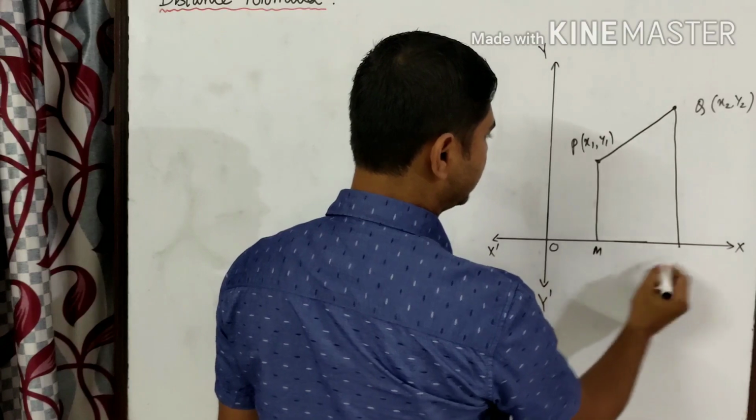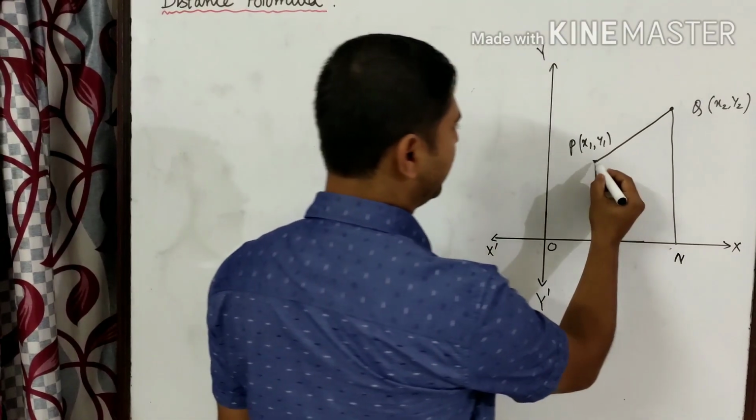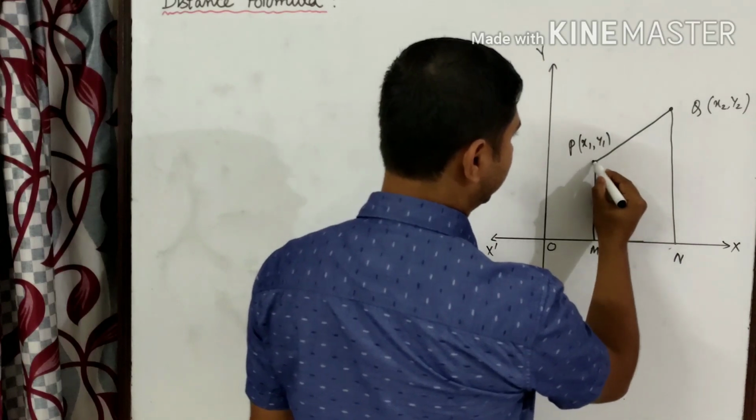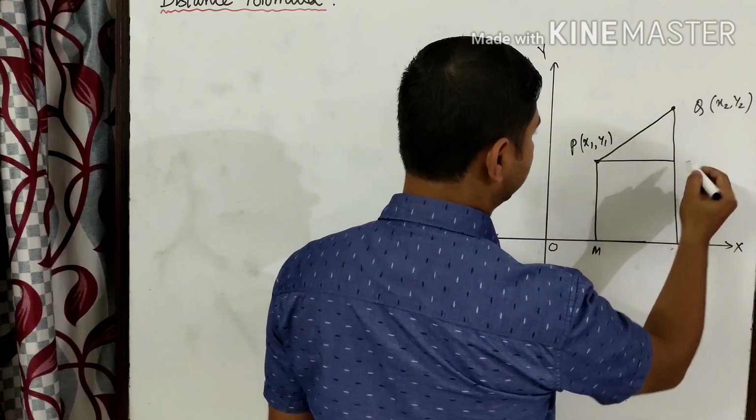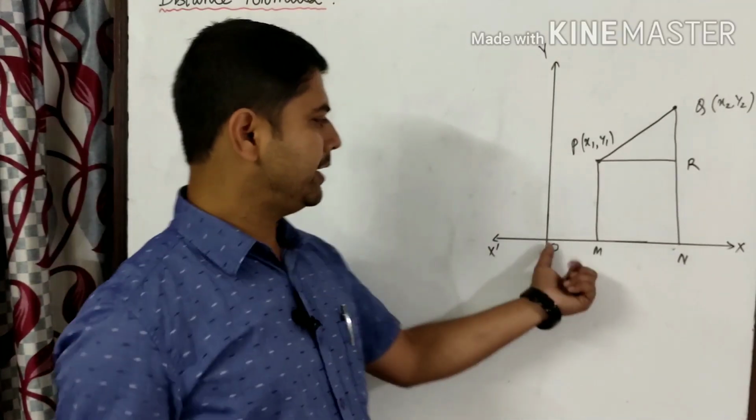at one point it meets at M and from point Q at another point it meets at N. Again from point P, if we draw a perpendicular line on QN, this one we consider R, and O is the origin.